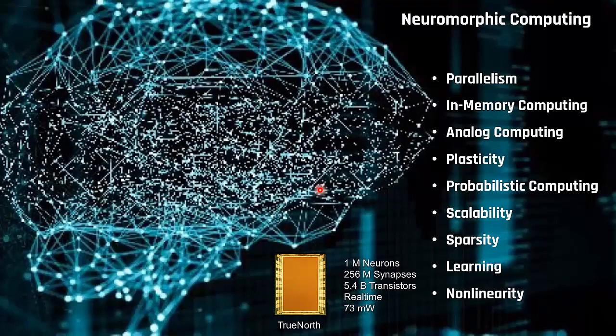There are lots of projects trying to do this. One very famous one is called TrueNorth, a project funded with, I think, $1 billion or so by DARPA, led by IBM, that they put out a few years ago, which has 1 million of these neuromorphic neurons, which can run at 73 milliwatts of power consumption for doing all kinds of machine learning and artificial intelligence tasks.